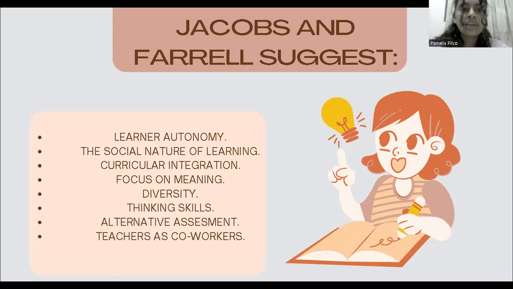The eighth is teacher as co-worker. It is also related to the item talked about before. The teacher is viewed as a facilitator. It means that the teacher is going to look for opportunities and alternatives so the students can learn.